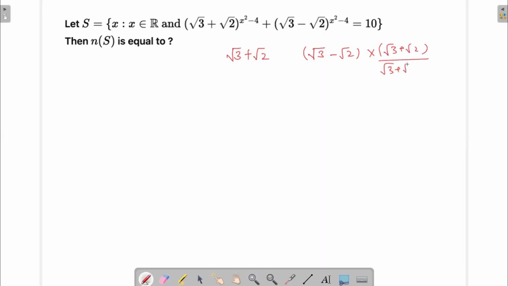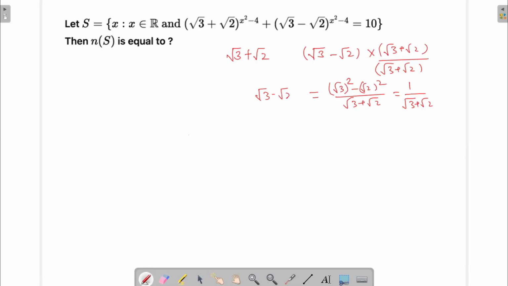Then in the numerator, this will become a minus b into a plus b, which is a square minus b square, which is root 3 square minus root 2 square. And that would be root 3 plus root 2 in the denominator. This will be 3 minus 2, which is 1 upon root 3 plus root 2. So what we are getting here is that root 3 minus root 2 is a reciprocal of this number.